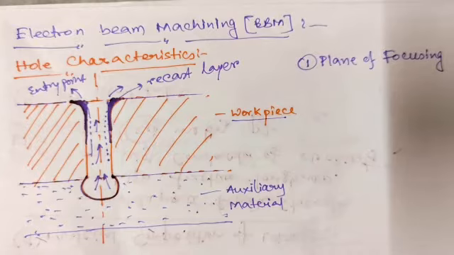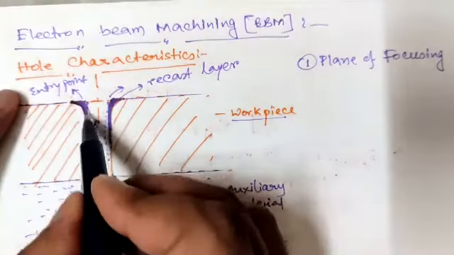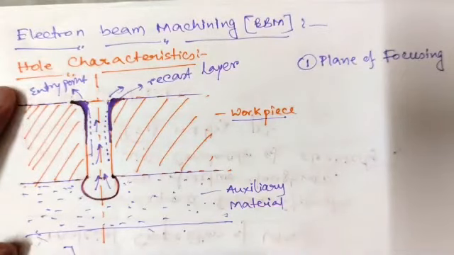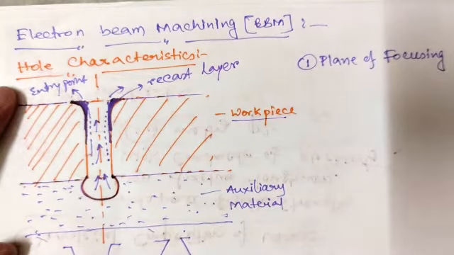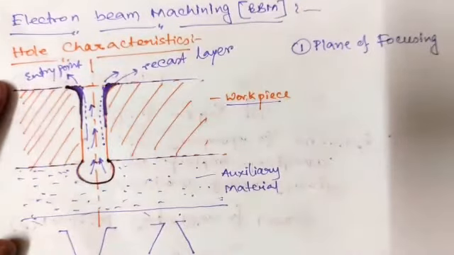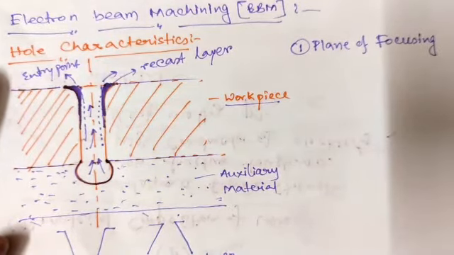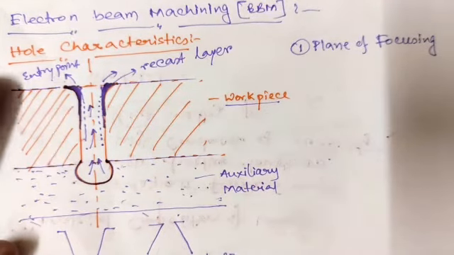And second thing, I have said that there will be reverse tapering. A general taper will be like this, but in this case it is something like this. So this is taper, and this is reverse taper. So we are going to get reverse tapering over here, right?